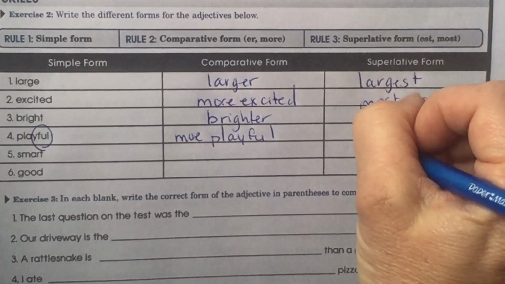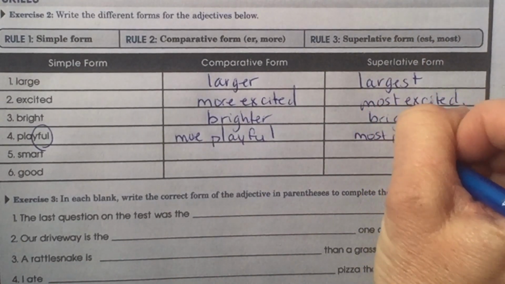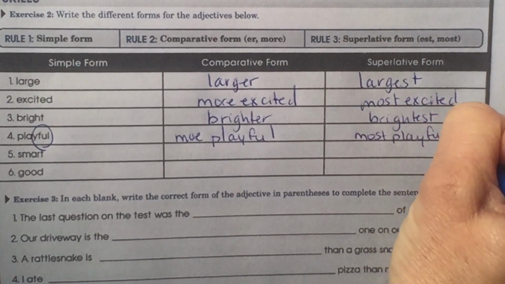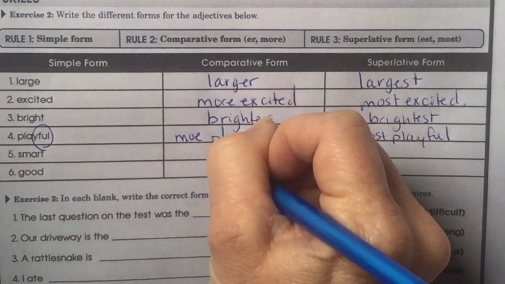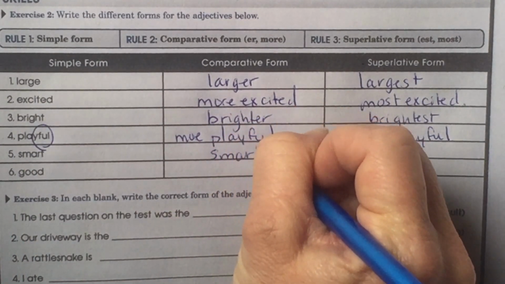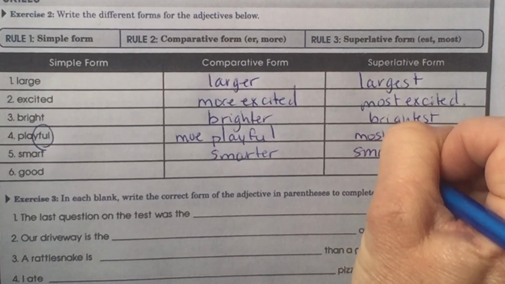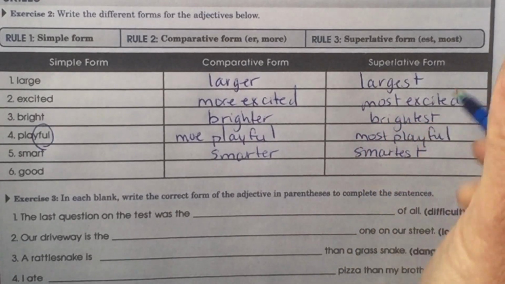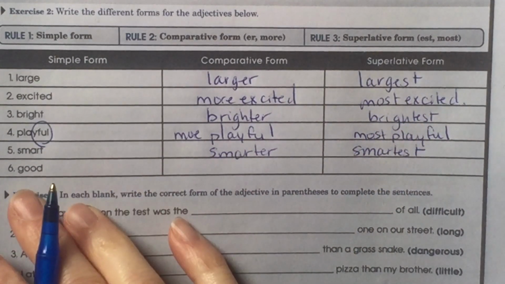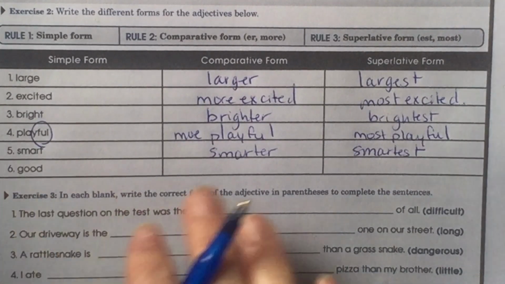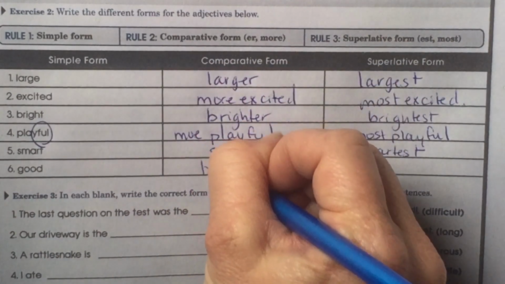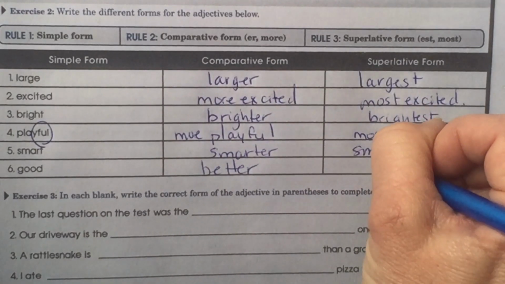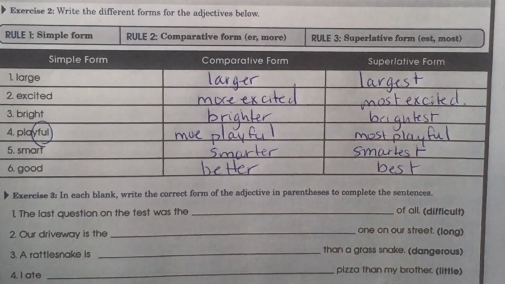So more playful, most playful, smart, smarter, smartest. And then good. This is one that's kind of irregular. That changes completely. So good. Hopefully you put better. And yes, best.